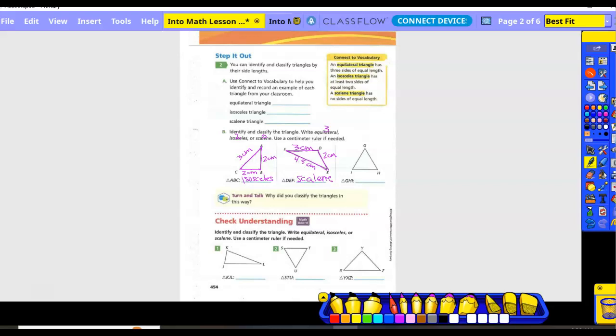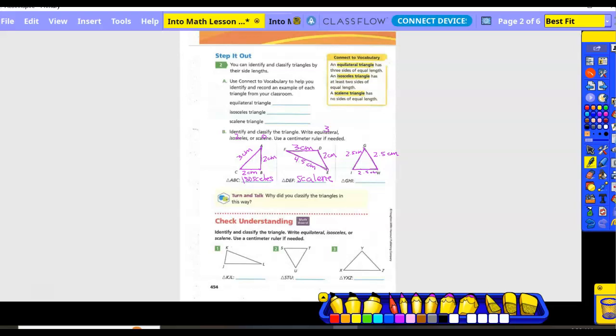Okay. And then how about GI? 2.5. Okay. So 2.5 centimeters. Okay. What about GH? 2.5. Okay, or 2.5. And then what about IH? 2.5 centimeters.